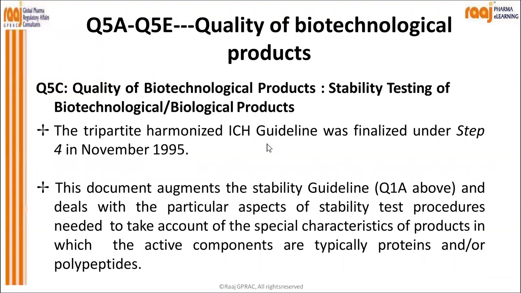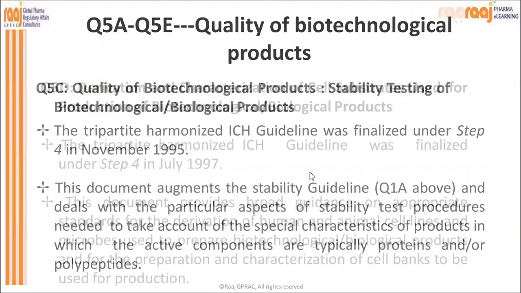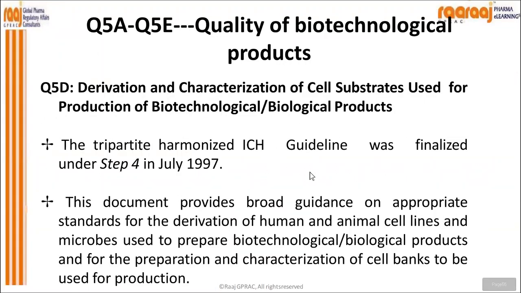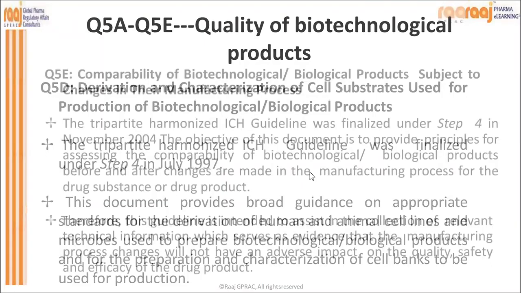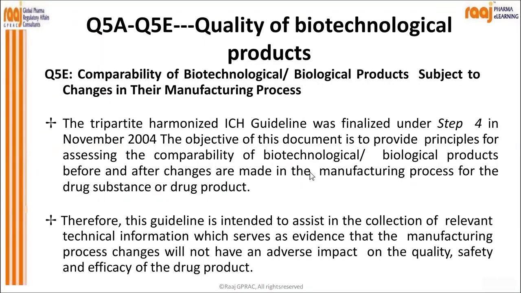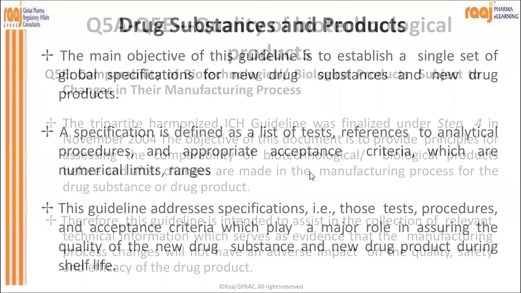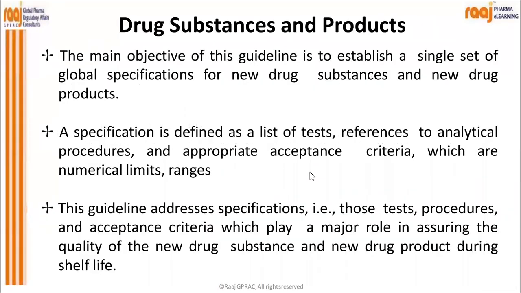Q5C, quality of biotech products, stability testing. Q5D, derivation and characterization of cell substrates used for production of biotech and biological products. Q5E, comparability of biotechnological and biological products subject to changes in their manufacturing process.